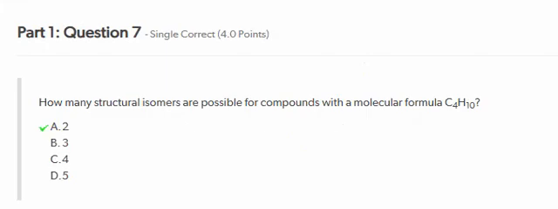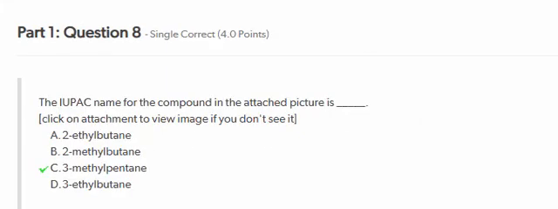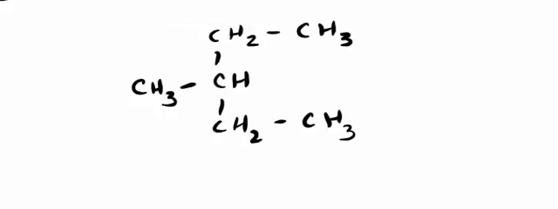Number 8, the IUPAC name for the compound in the attached picture. Well, I don't have the attached picture here, but the picture looked something like this. Remember, when we name with the IUPAC system, we need to start with finding that longest carbon chain. So I'm going to start up here. And you can go around corners when you're numbering, that's okay. So I have 5 carbons in my continuous chain.